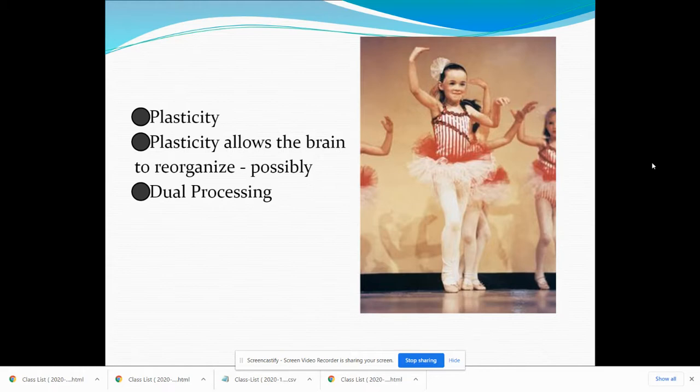Finally, the last thing we're going to take a look at here is an idea called dual processing. Dual processing is this idea that our brain works on two levels, the conscious level and the unconscious level. Conscious level would be anything that you're aware of and that you're noticing. The unconscious level would be all those things that our brain still takes in and yet we don't notice at the same time.